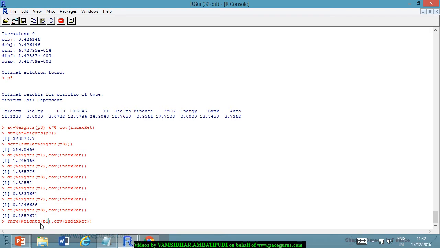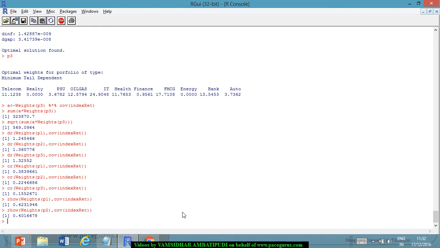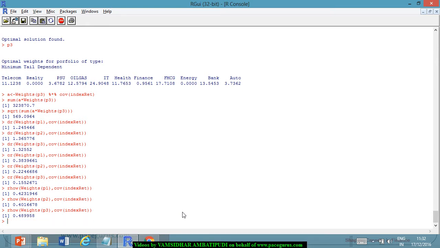So I am taking the weights with respect to P1 and the covariance, based on which the weighted average correlation comes to 0.42 in this case. But when I go with P2, the most diversified portfolio, it's showing only 0.40. And when I go with the minimal tail dependence portfolio, the number has gone to 0.48.